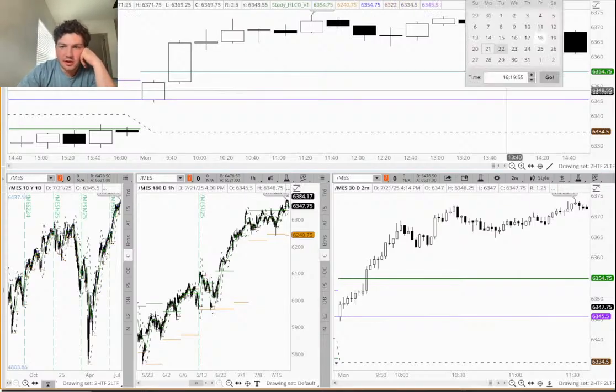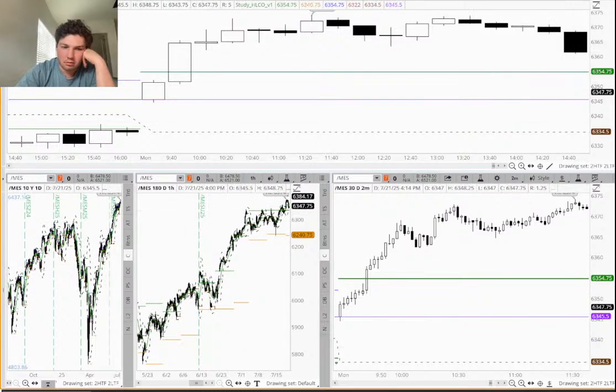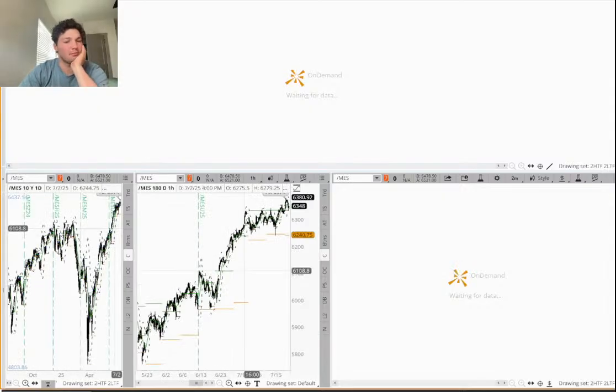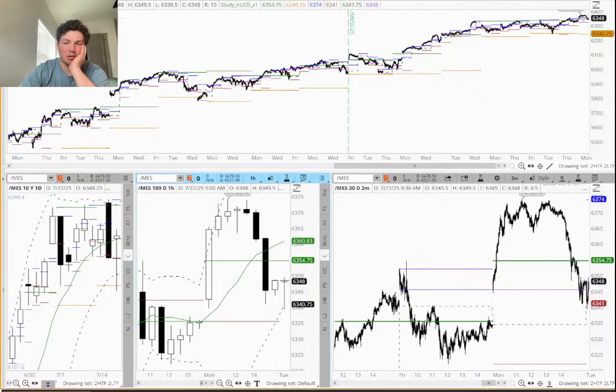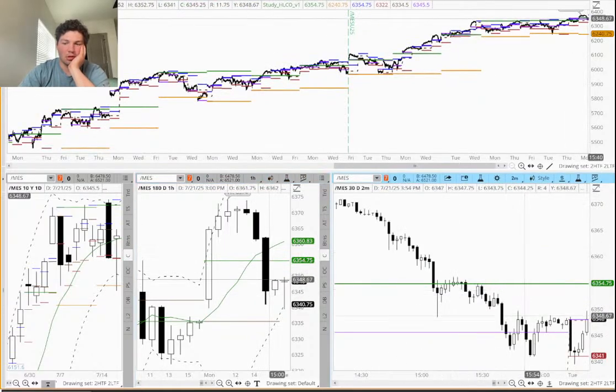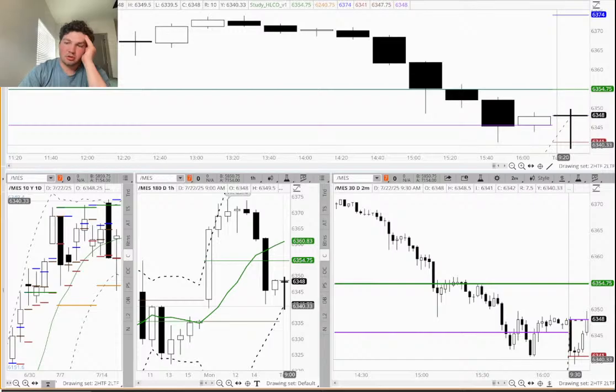So that'd be July 22nd, and we'll go to 9 a.m. We'll go to 9:39. So we'll have the first bar to look at. Oh man, so we would trade just whichever way this bar breaks, probably to the upside.